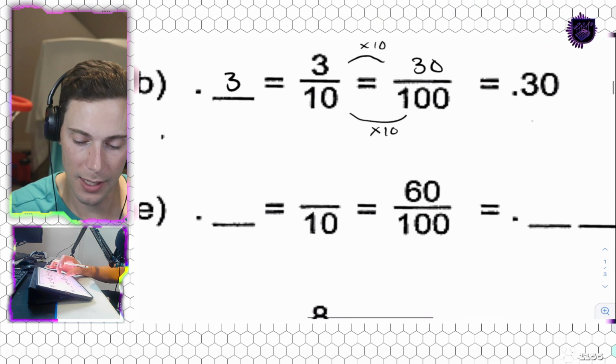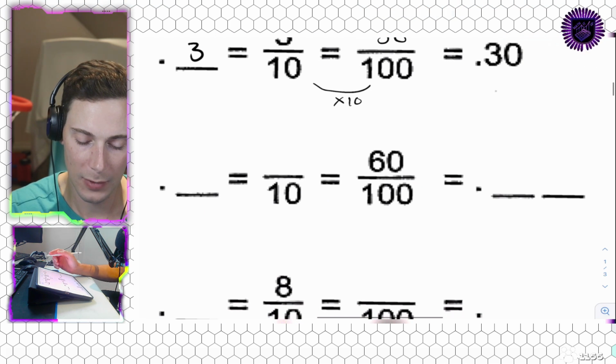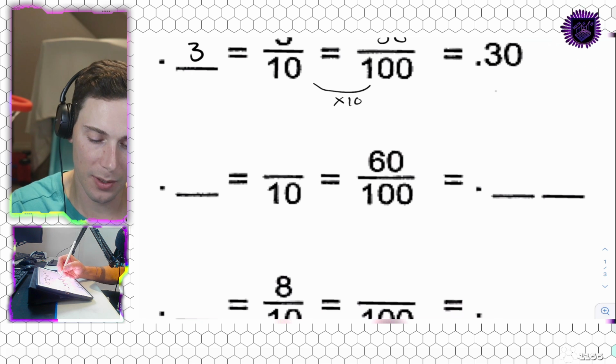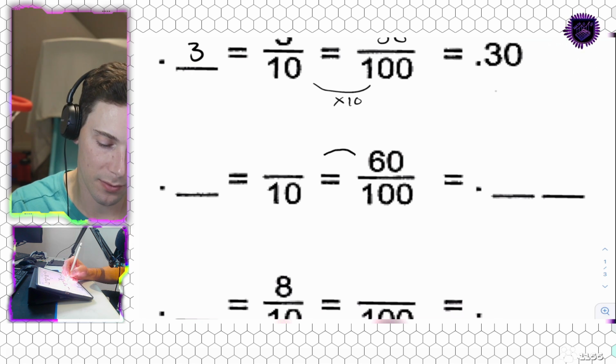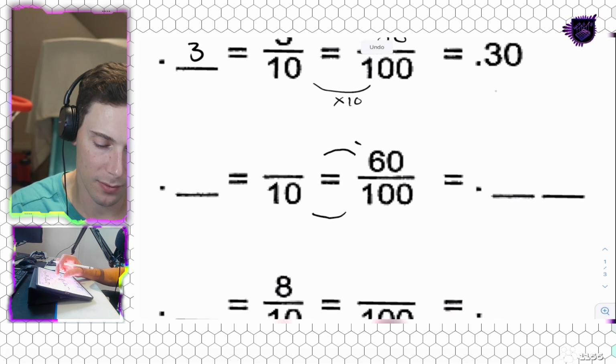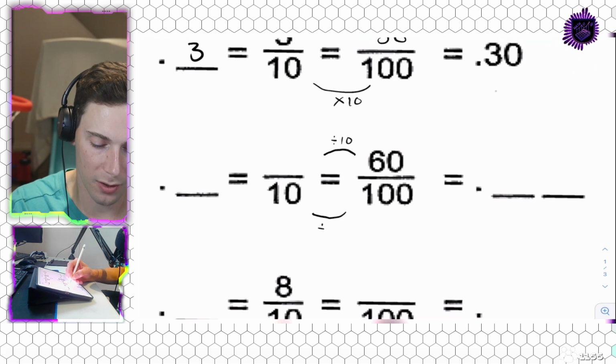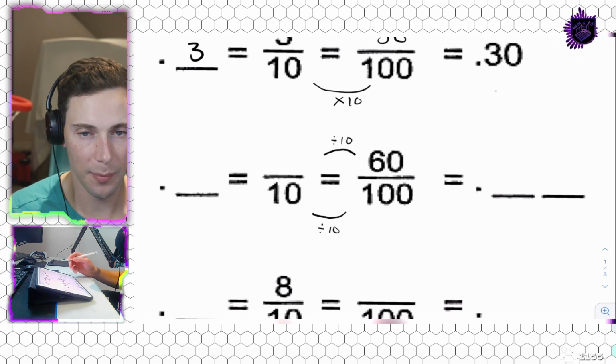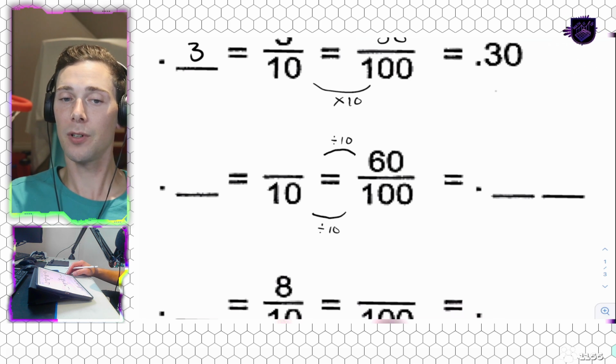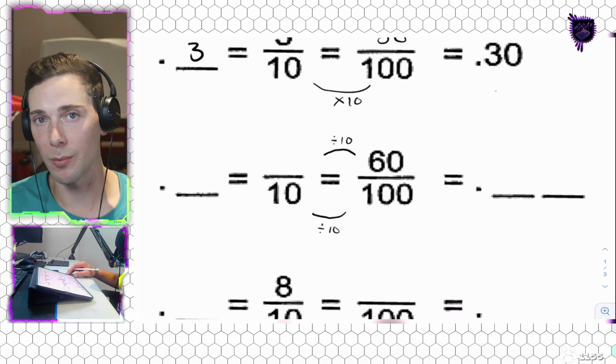Question number E. 60/100ths. And this one, moving backwards, you could think of as dividing by 10 to go the opposite direction. You can divide the tops and the bottoms by the same number, or you can multiply the tops and the bottoms by the same number.